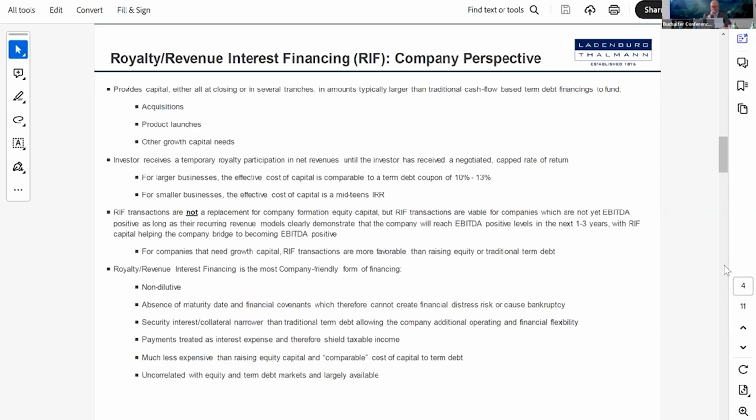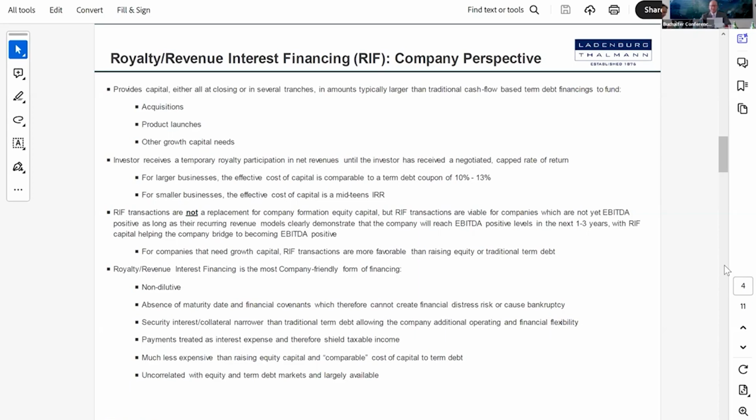Is the target a return of the capital plus, or is it target an IRR? So some funds like to define, so basically these folks, the capital providers, are getting a temporary royalty or participation revenue until they receive a negotiated cap return. Some of the funds like to negotiate that as a multiple of invested capital.